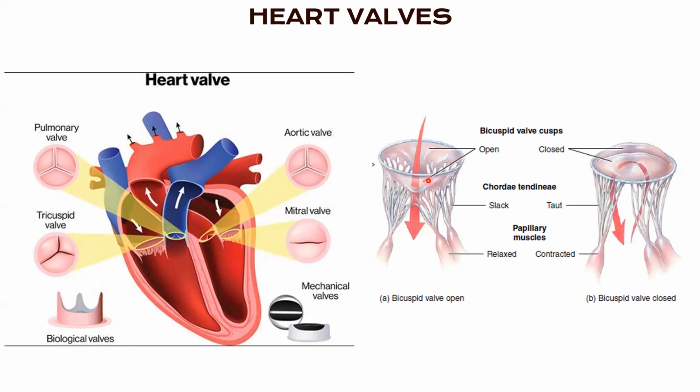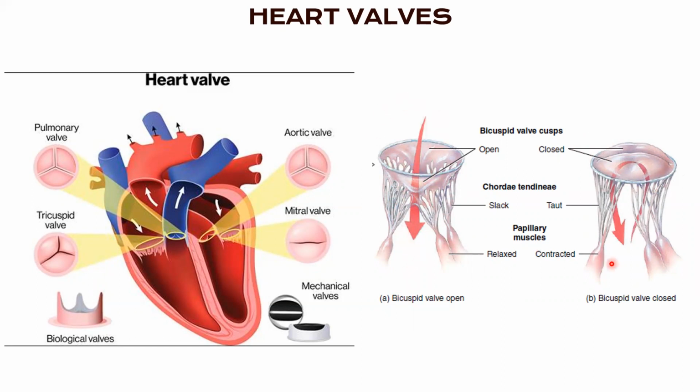So here you could see the closure of the bicuspid valve when open and closed, because the valves are attached to the chordae tendineae, which are attached to the papillary muscles. The papillary muscles are relaxed, and that makes the bicuspid valve open from the left atrium to the left ventricle.